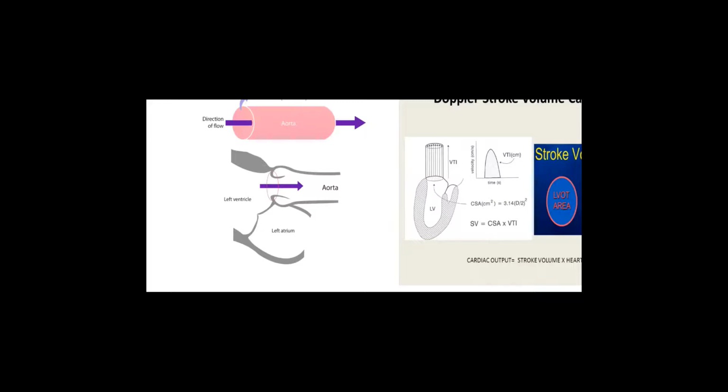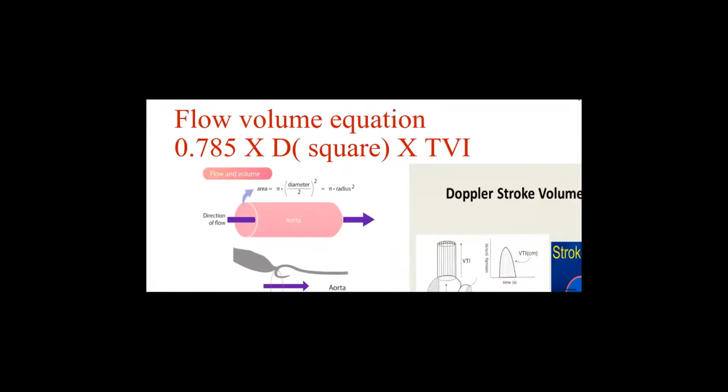And the problem is a small minor mismeasurement can result in big changes in the equation because the diameter is squared. So the error is magnified twice. Therefore, the Achilles heel of the volume equation is the diameter. That's why you have to be careful about this measurement in particular.